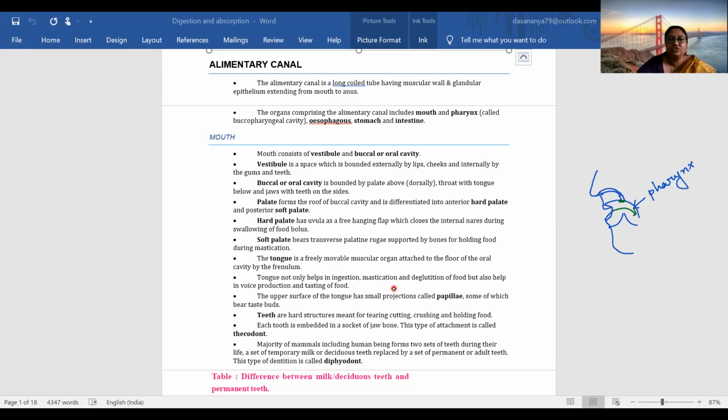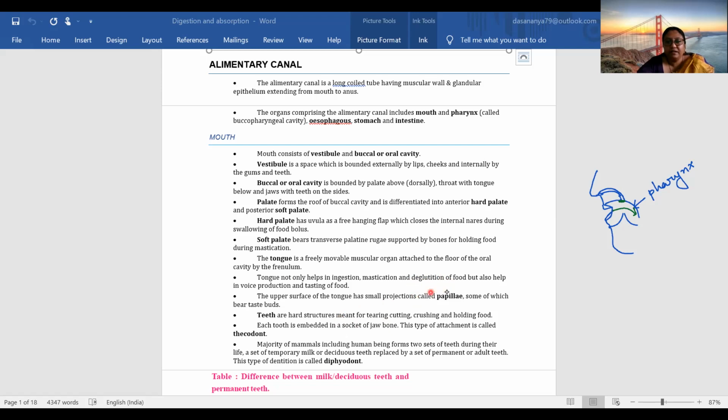Mastication means it is controlling the movement of food in the mouth cavity, so that it can be pushed to the respective teeth and the teeth can go for mastication or breaking down of the food physically. It is helping in the deglutition of the food. That means it is making sure that the food is uniformly distributed with the salivary amylase.